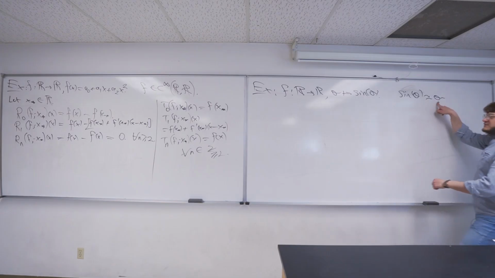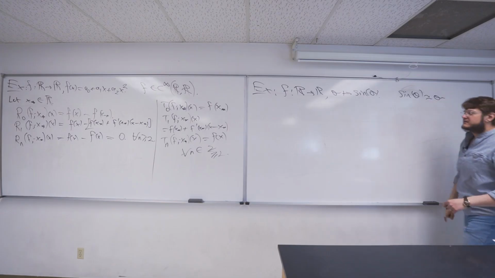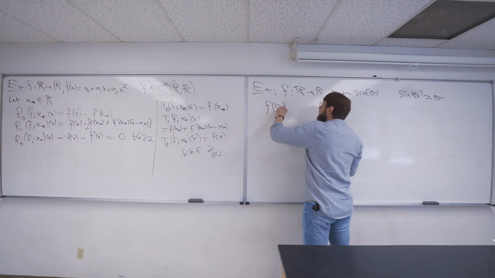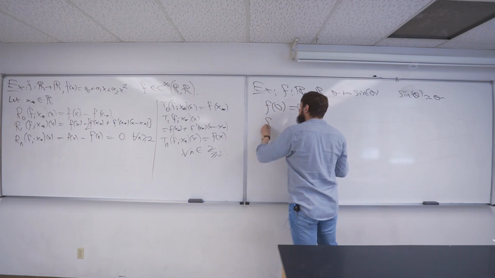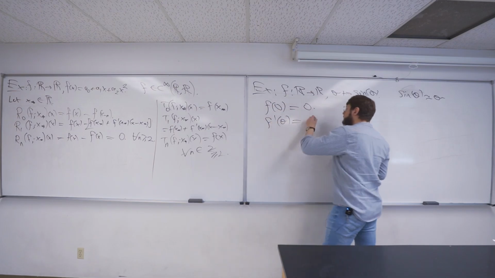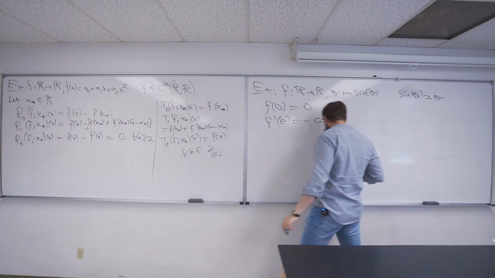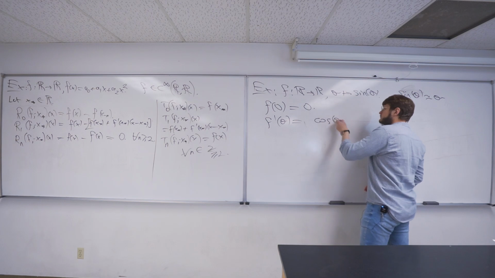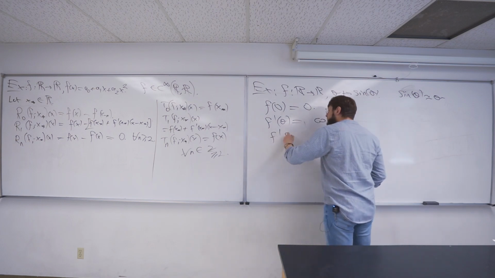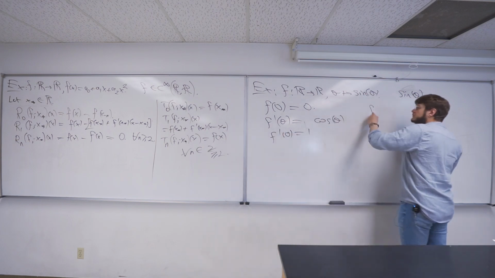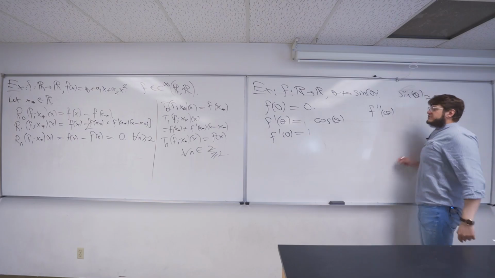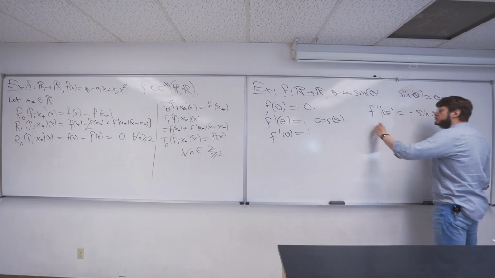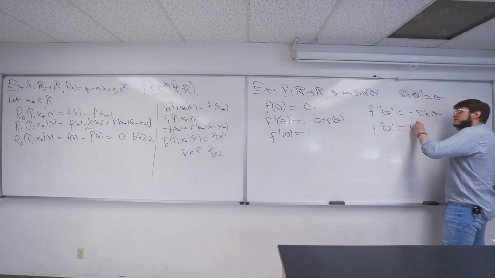This is the second Taylor polynomial of sine at 0. Cosine. So f prime at 0 is 1. f double prime of theta is minus sine. So f double prime at 0 is 0.